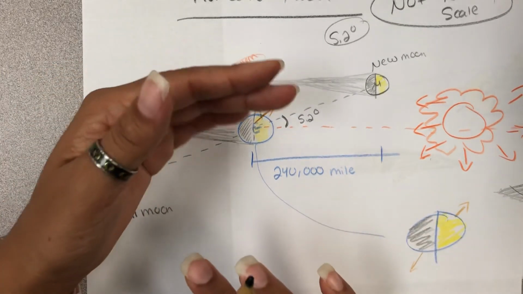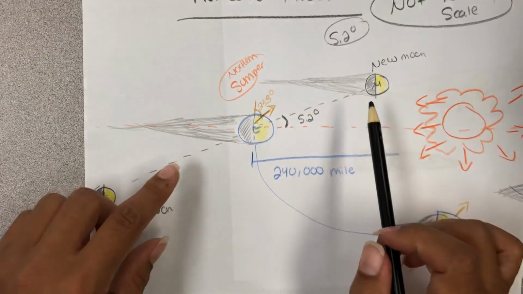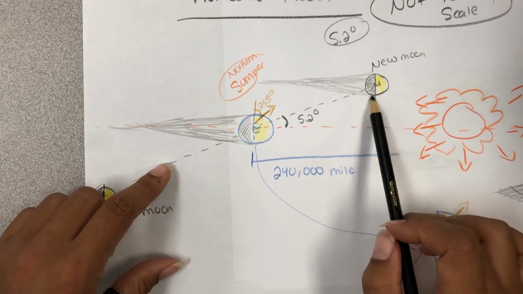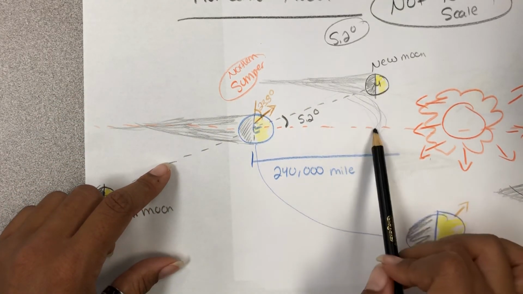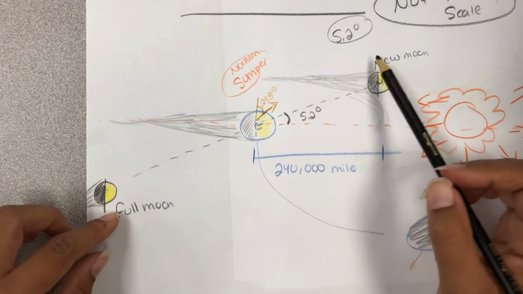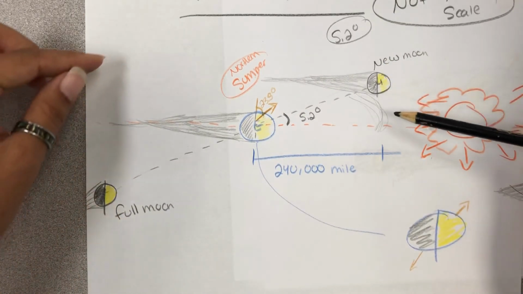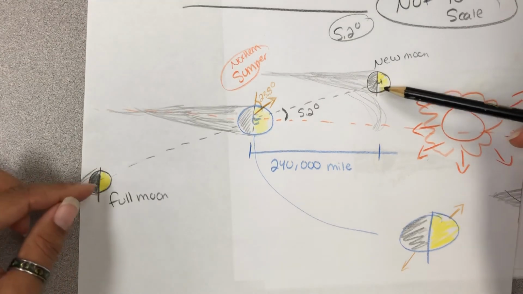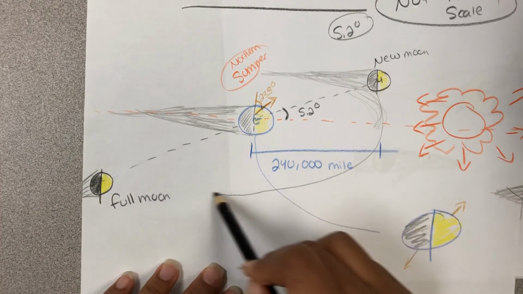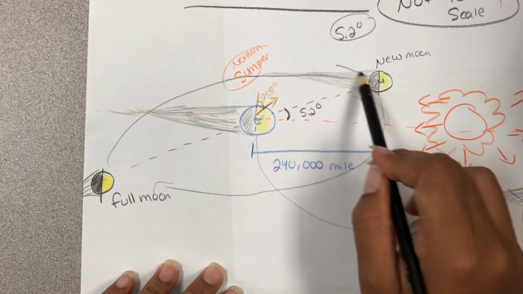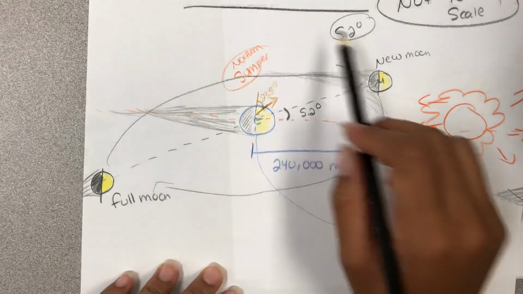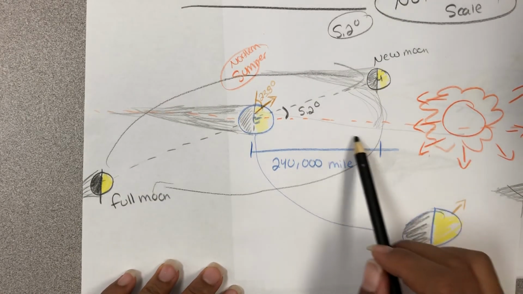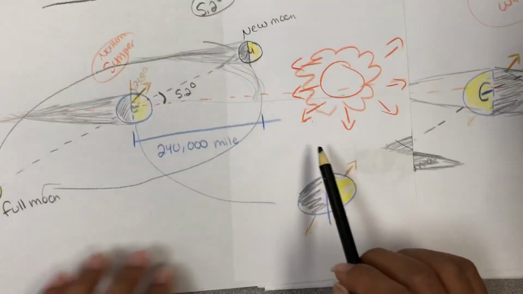The moon has to be at a perfect point in which these two line up somehow. And it could be at any point within the moon's orbit from here back to here. This needs to line up within this plane, which gives us our eclipse.